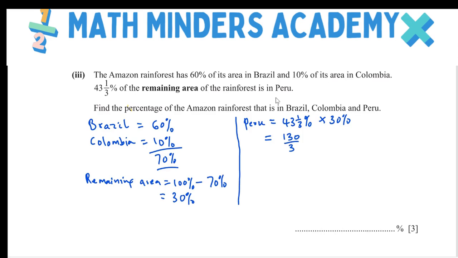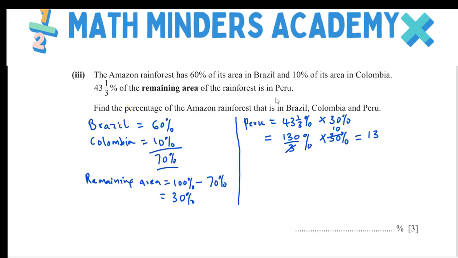Then, because there is a percentage here, let's return this percentage, times 30%. Agree with me that 3 can go here.